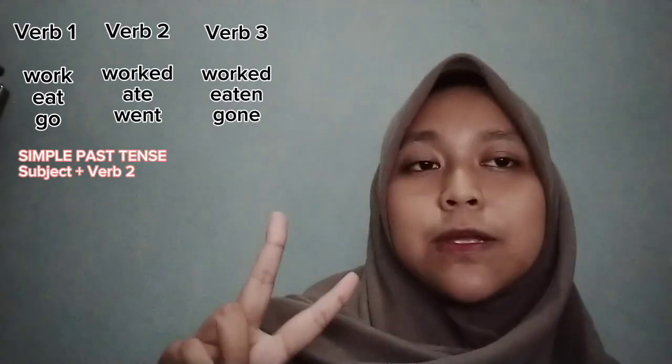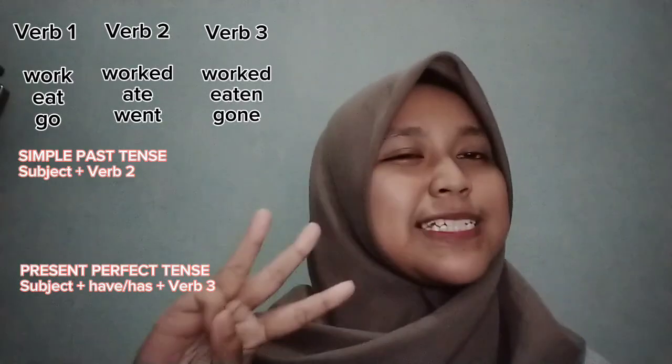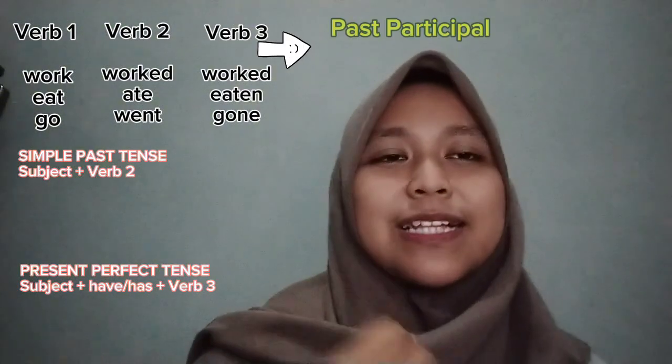Let's start with the base, grammatical structure. Verb 1, verb 2, and verb 3. We form the past simple, subject plus verb 2, and the present perfect, subject have, has plus verb 3. Verb 3 is the past participle.